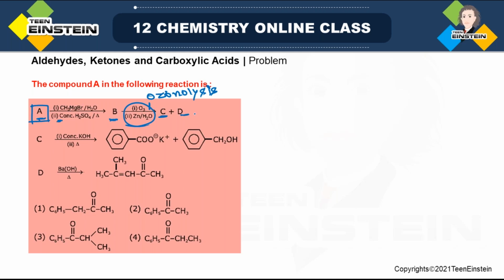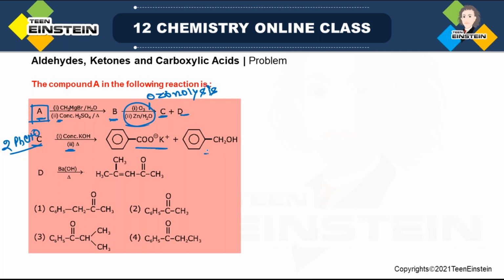Now individually, if you take C and treat it with concentrated KOH and heat, you get the potassium salt of benzoic acid and PhCH2OH. This product combination you can get only if you have started from two molecules of PhCHO.